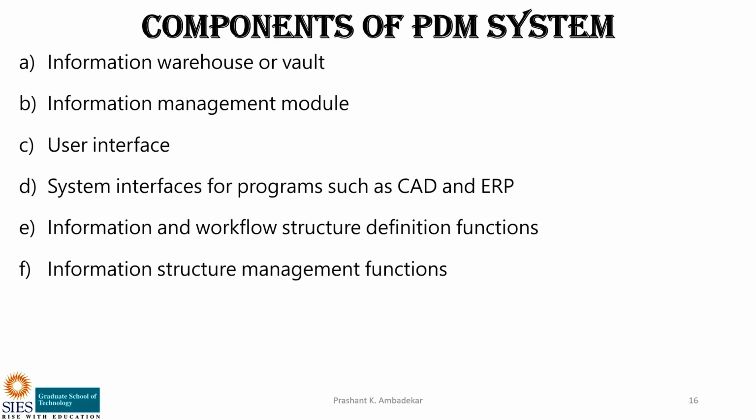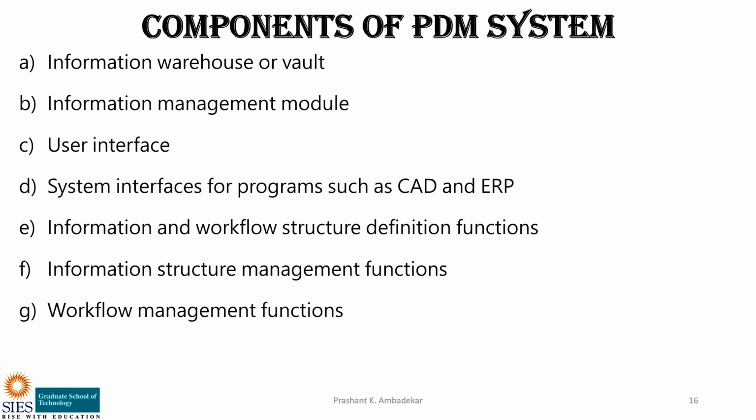Then the next PDM component is information structure management functions. It maintains the exact structure of all the information in the system across the product lifecycle. The next component is workflow management function. As the name suggests, it keeps the workflow under control.